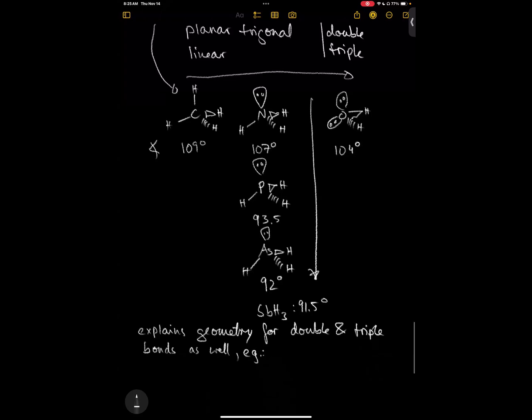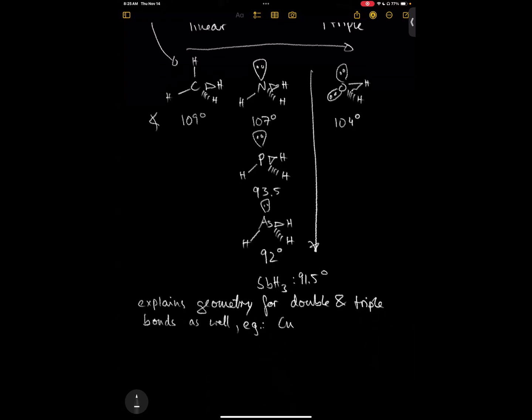For example, if you consider cumulenes, these are arrangements where you have double bonds attached to each other.